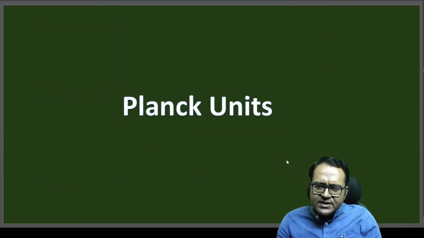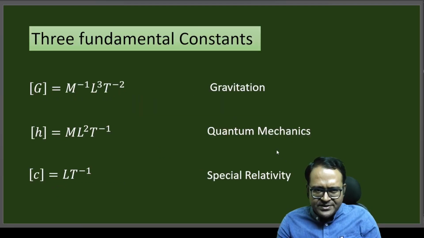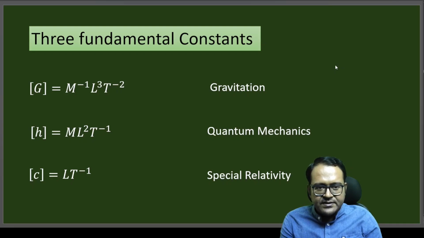Planck units are sometimes also called natural units. We have already seen we have three interesting constants. One deals with gravitation, the Planck's constant h deals with quantum mechanics, and the velocity c deals with special relativity. So my question is, these three pillars of physics, the very pillars of those branches, are these constants G, h and c.